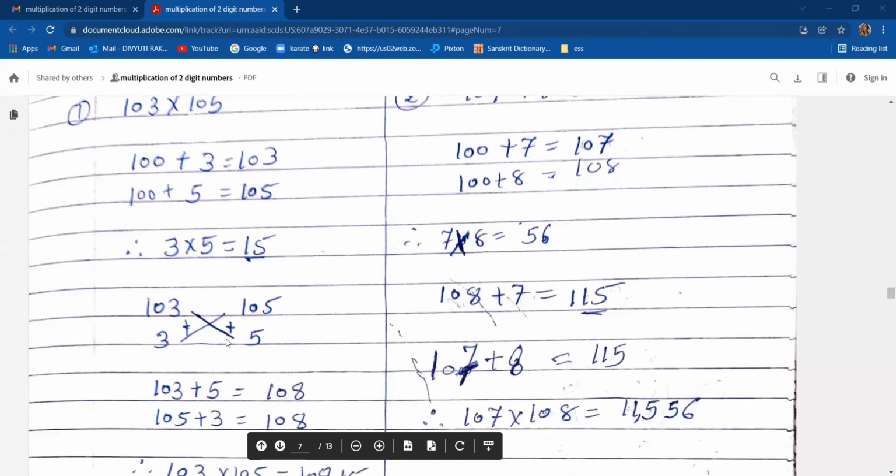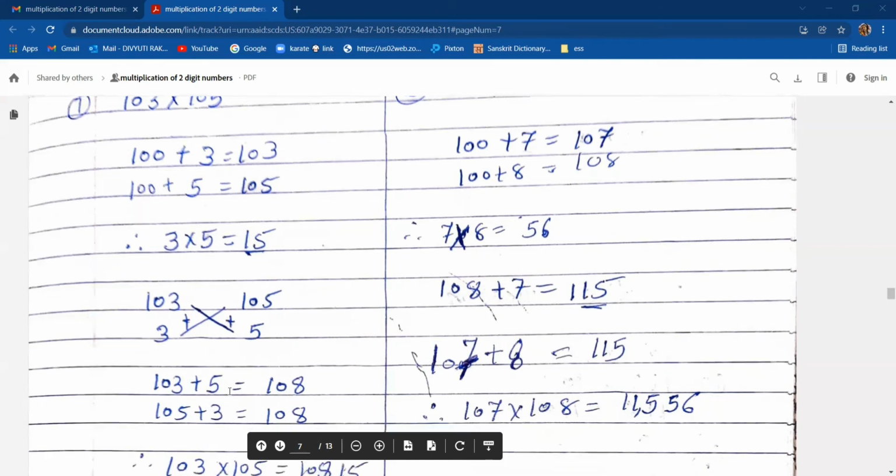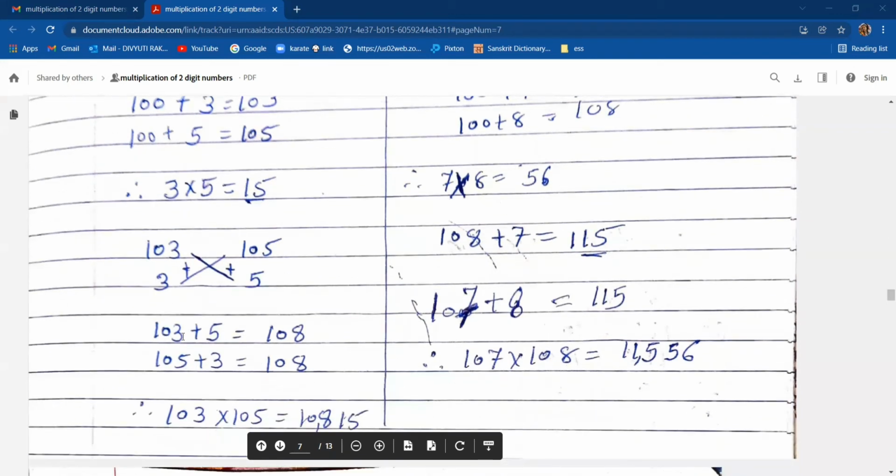So again I have written this remainder 3 below 103 and 5 below 105. Any one addition you need to do. Both additions are the same, so any one you can apply, right? So 103 plus 5 will give you 108, or 105 plus 3 also will give you 108. So any one addition you can do.